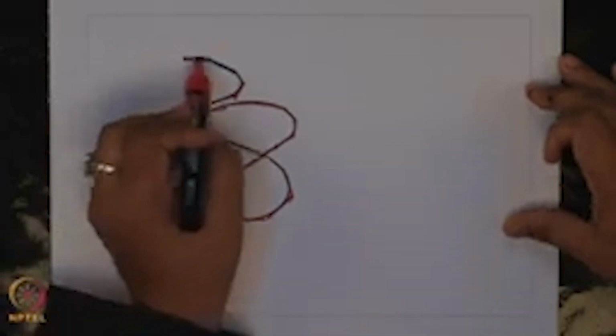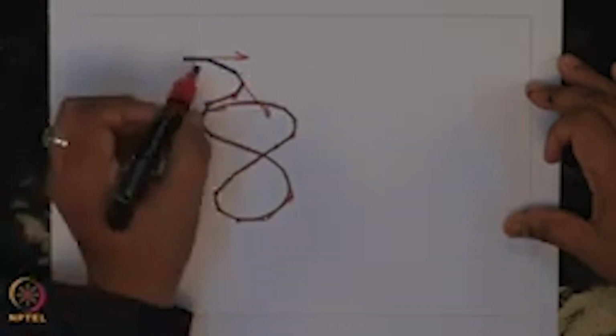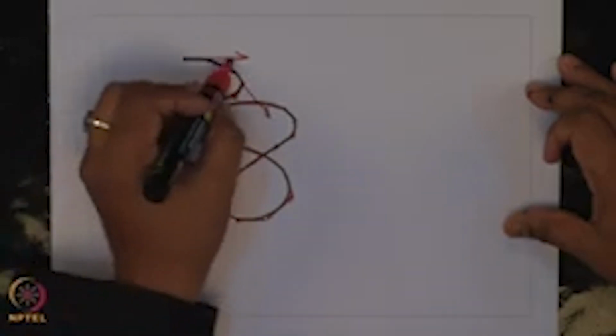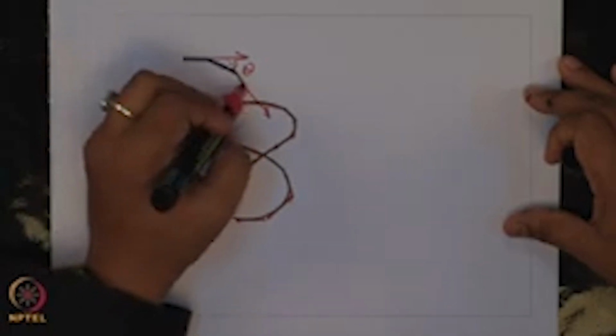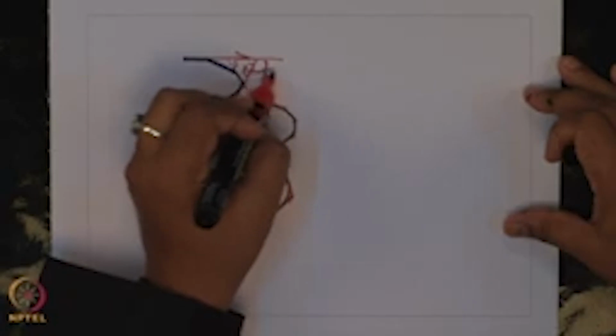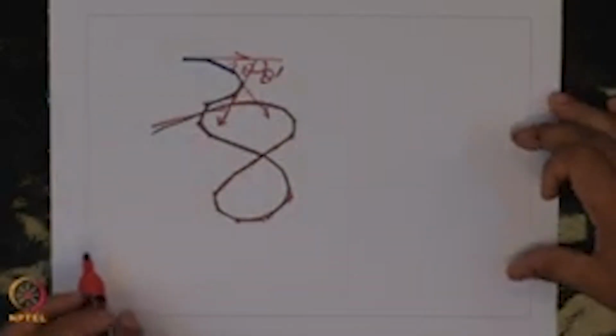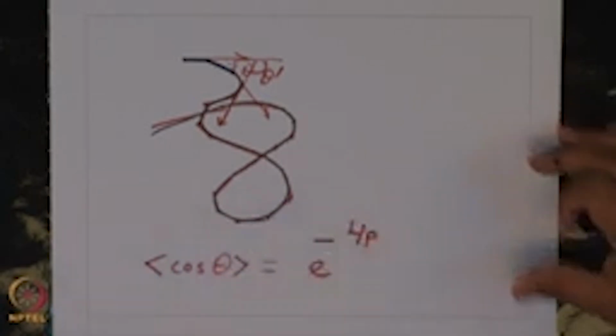Between any two lines, let us say this one and one a distance d apart, I can find the angle theta. Similarly, between this and this trajectory here, I will have some theta prime. So, you can arrive at an equation: average of cos theta is equal to e to the power minus L by p.